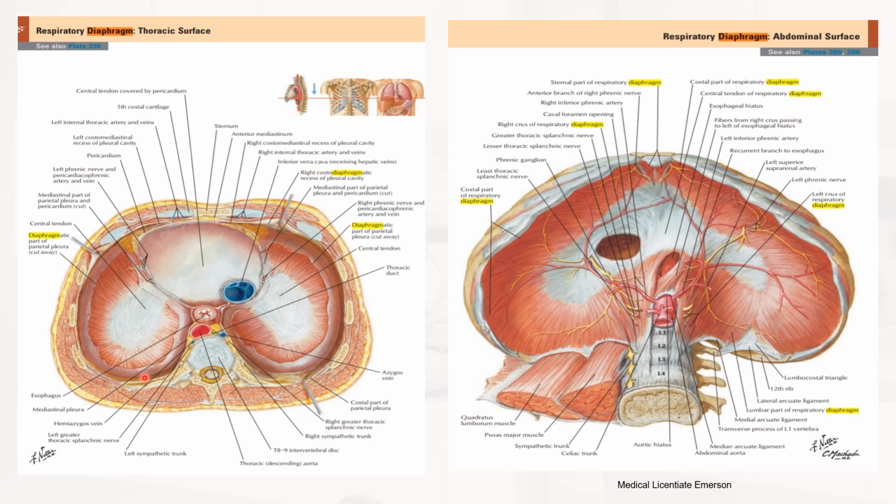Then you have the respiratory diaphragm, thoracic surface, and the respiratory diaphragm, abdominal surface. This is how it looks when you cut it off from the thoracic region, and this is how it looks from the abdominal region.